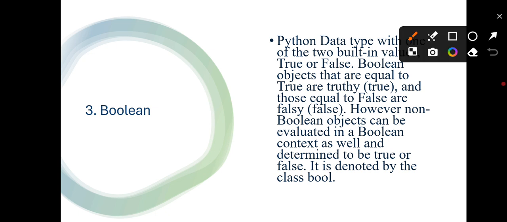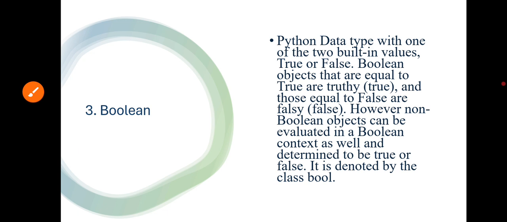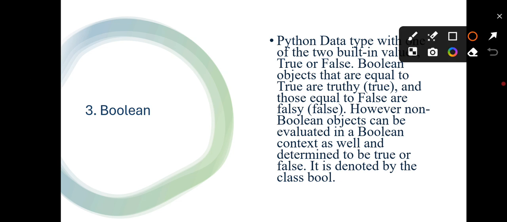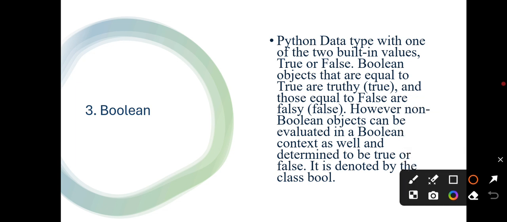The next one is the boolean data type. What is boolean in Python? It is a Python data type with one of two built-in values, true or false.